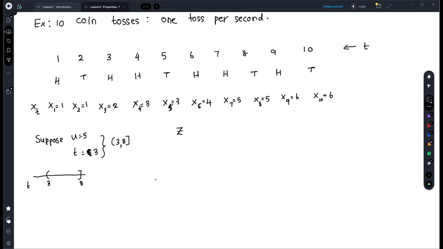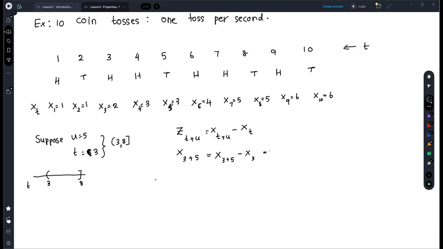Can you write out the increment Z_t equals X_{t+u} minus X_t. So how do you write it? t is 3 and u is 5, right? t is 3, 5, x3, right?